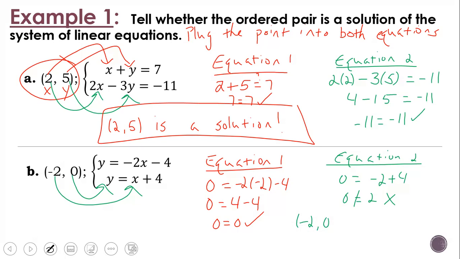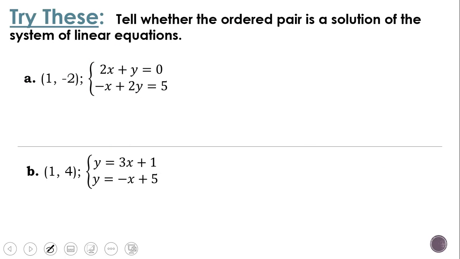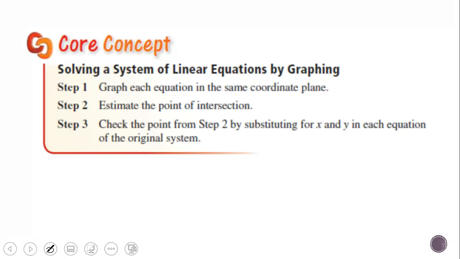So (negative 2, 0) is not a solution to this system. So keep in mind that it has to work for both of them. We'll look at the try these in class.